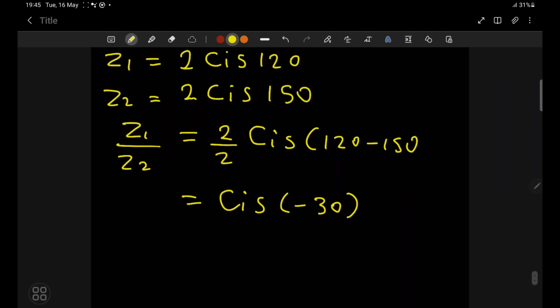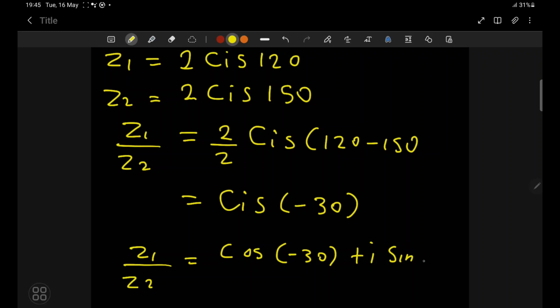So this is the quotient. Now writing it in standard form, we'll have cos negative 30 plus i sine negative 30.